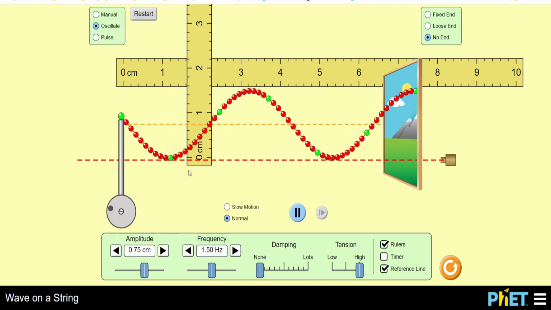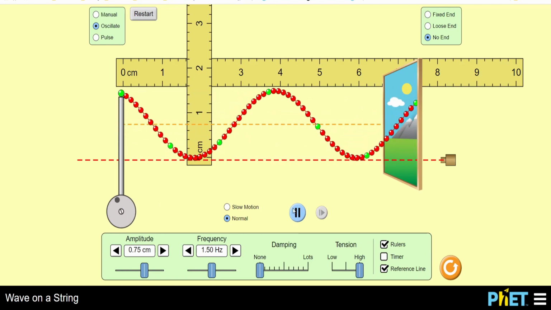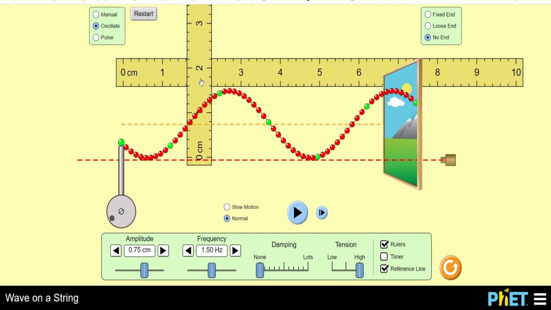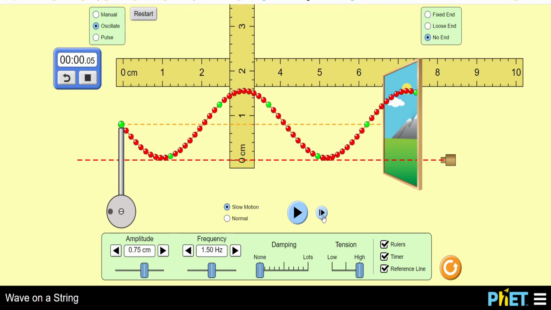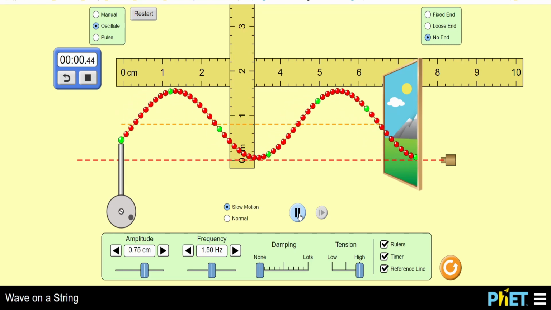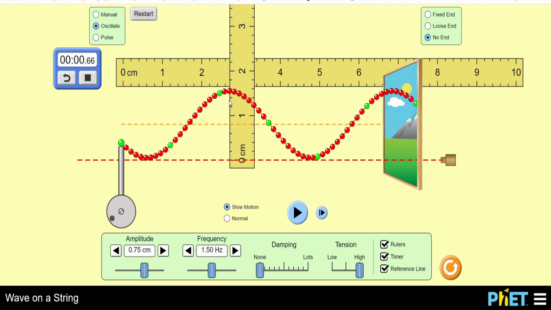Inversely related to the frequency is the period, whereas the frequency is how many pass in a second. Period is if I start the timer right now and step through this simulation, how long is it before the next crest passes through?